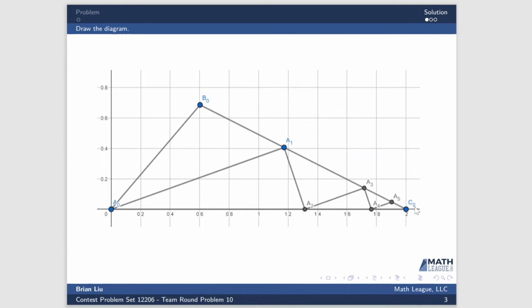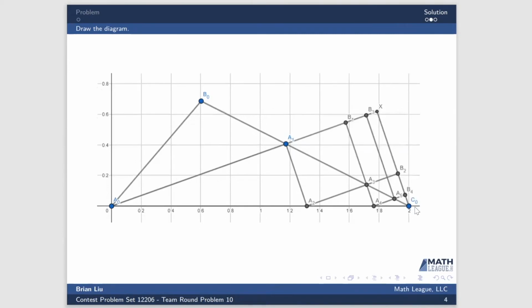So that motivates the idea of what if we stuck them all end to end? For example, what if we moved A2A3 to A1B1, and then moved A4A5 to B1B3. Then the segments parallel to A0A1 will eventually total out to A0X, where X is the perpendicular from C0 to this line.